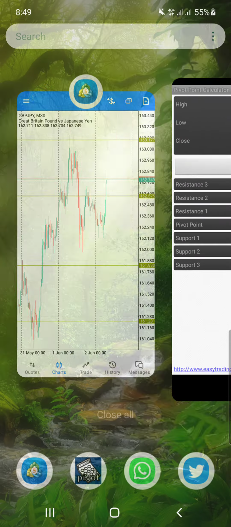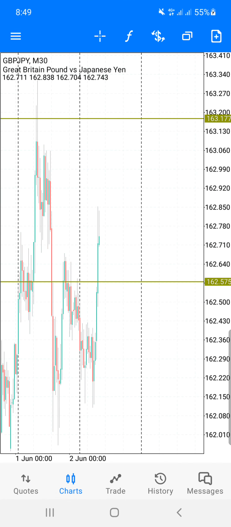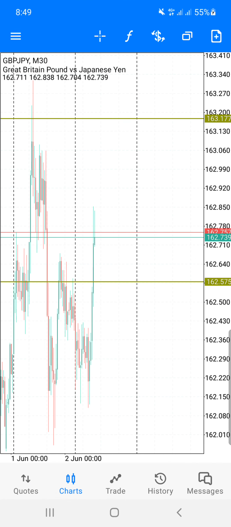The pivot point is 162.574, which is this one I drew here.